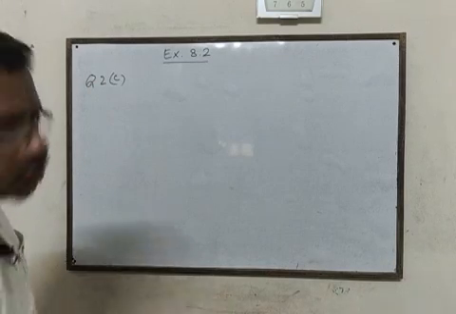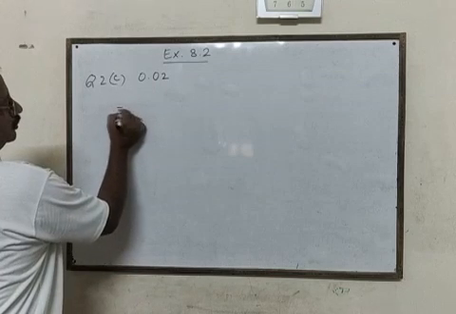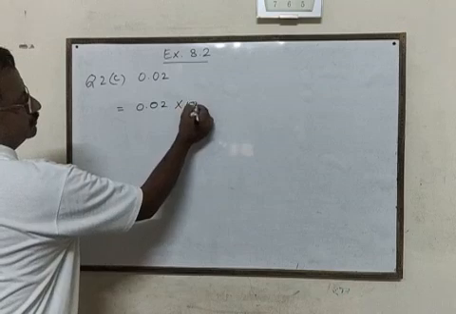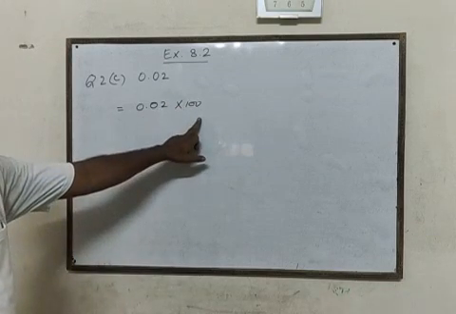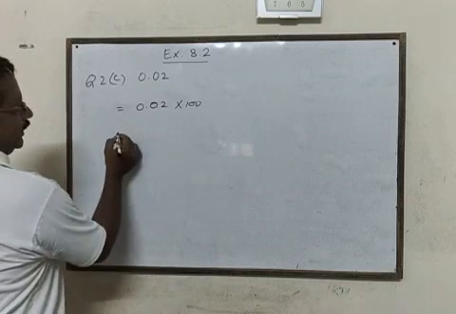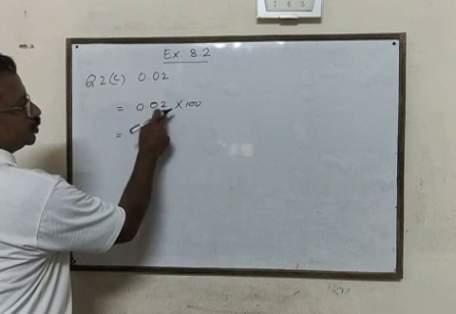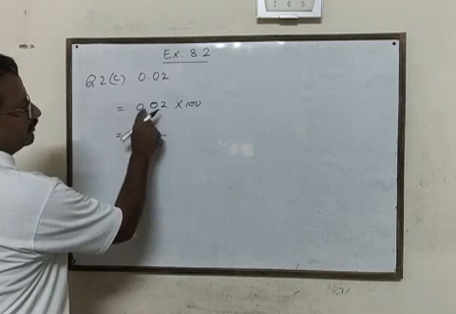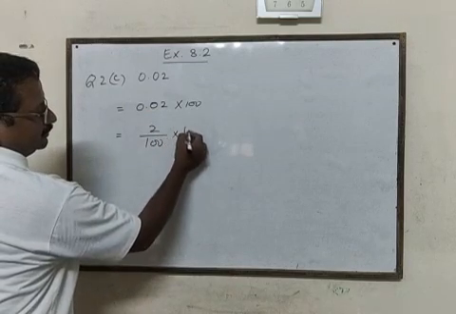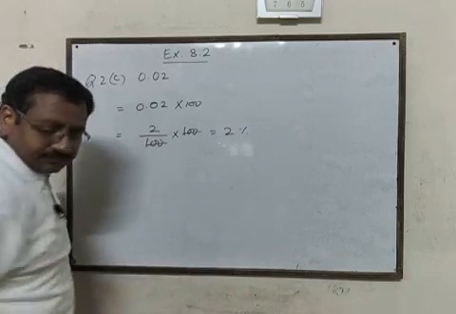C part we are doing 0.02. So 0.02 into 100, to convert into percentage, multiply by 100. So it will be 2 upon 100. Remove this decimal, 100 will come down because after the decimal 2 digits are there. Multiply this 100, cancel by 100, this is 2%.